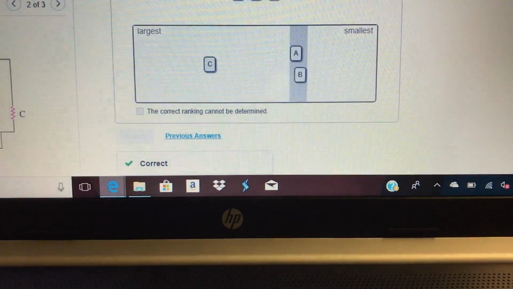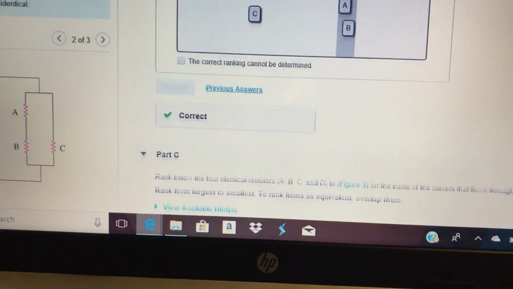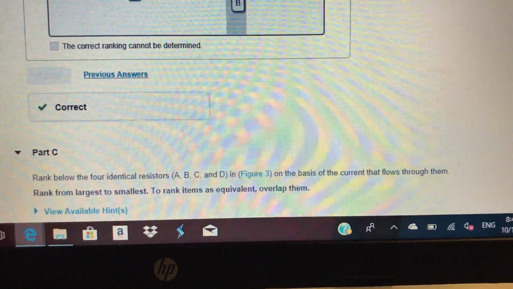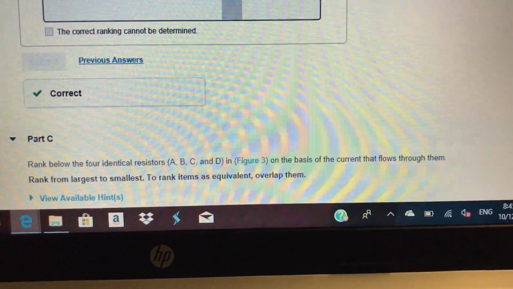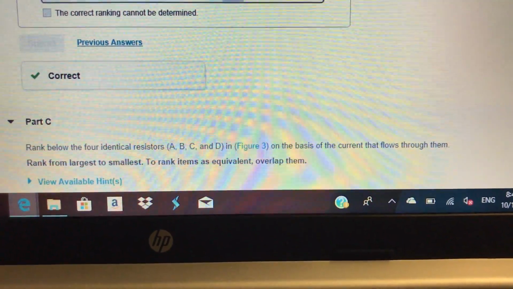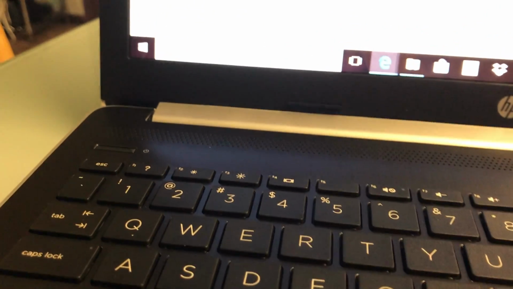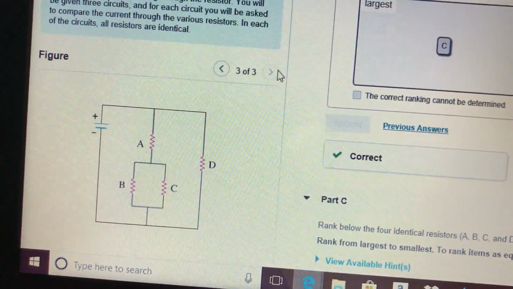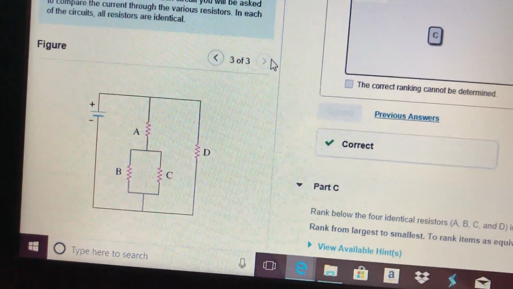Now we will move to part C, which is also the final one. In this problem, we will need to compare the current flowing through 4 resistors instead of 3, like the previous 2 problems. Okay, so this is the diagram. And in order to make it easier to solve, I draw it on paper like the other two.